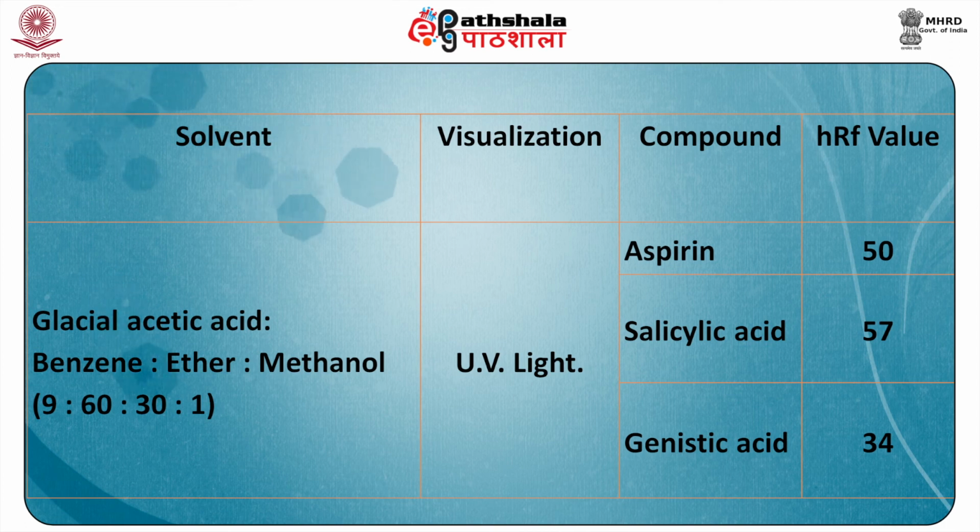Under UV light they will give you fluorescence, and that is how you can detect these compounds; there will be a greenish fluorescence, and that corresponding spot you will be able to see. And then you can measure the distance travelled by the solute divided by the distance travelled by the solvent, and you can find out the RF values. So, that is how you can do the color test or the TLC test for identifying salicylates and salicylic acid.